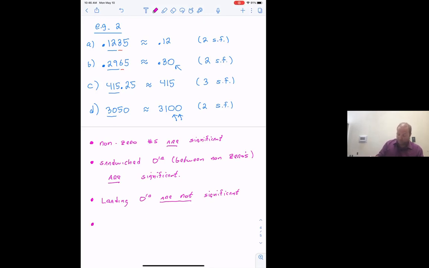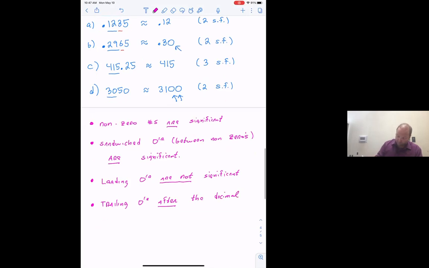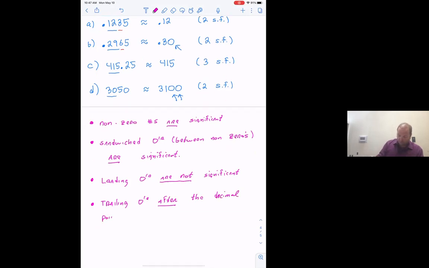Number 4, trailing zeros after the decimal point are significant.